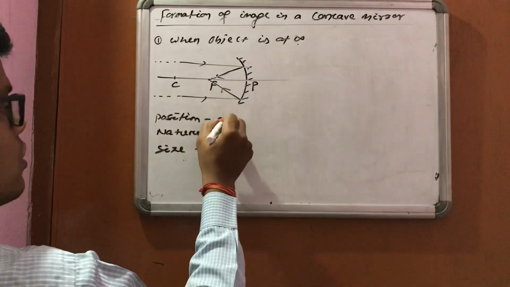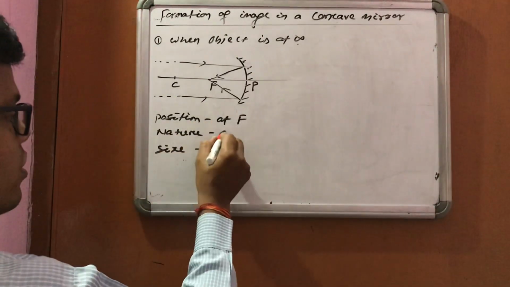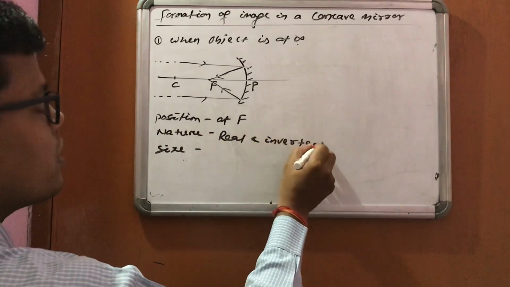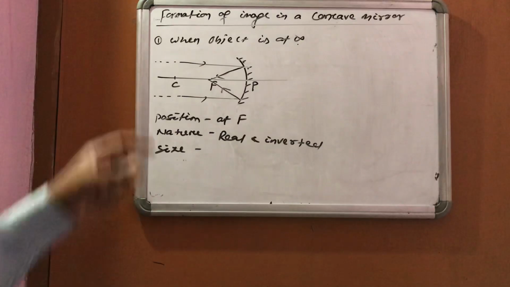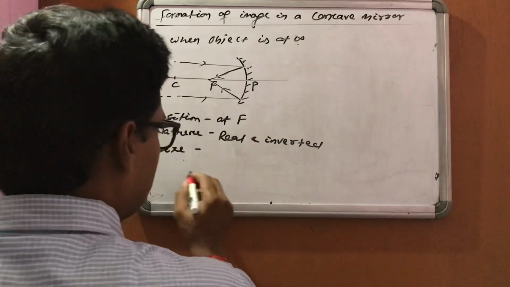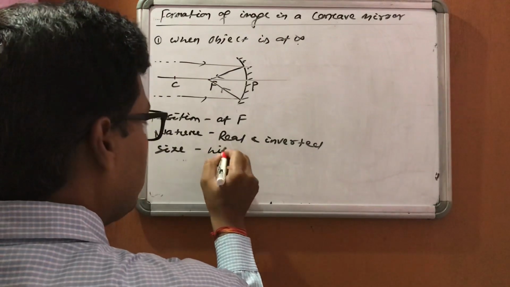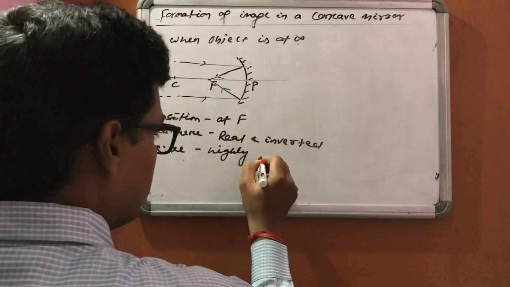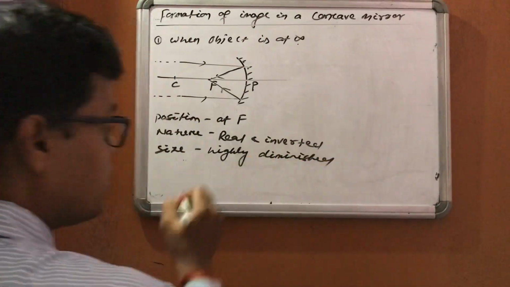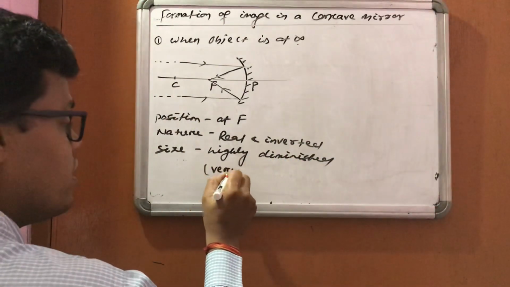Position is at F, nature, real and inverted. Why real and inverted? Because the light rays actually meet at the focus. It is real and inverted. Size, highly diminished. Highly diminished means very, very small.